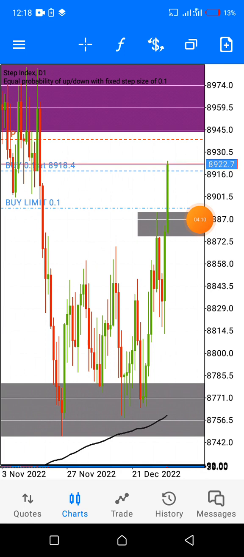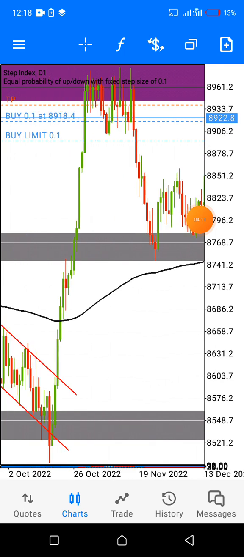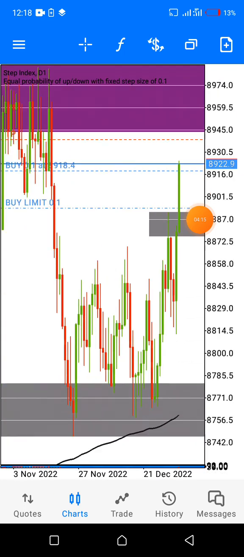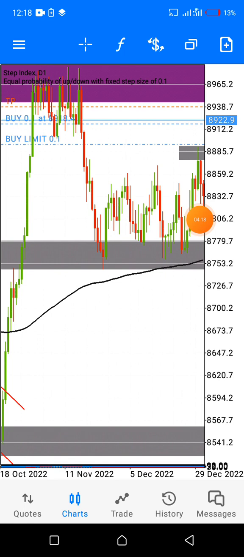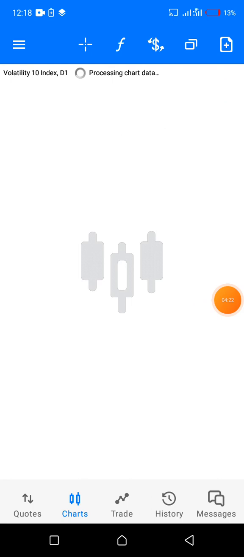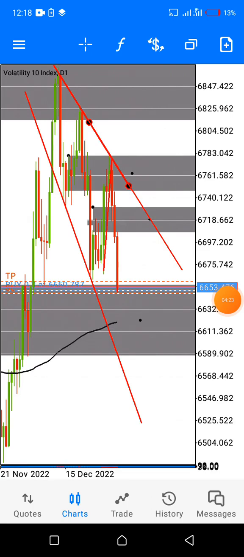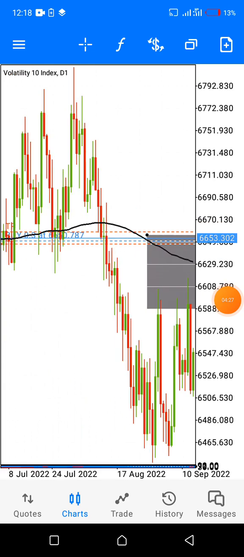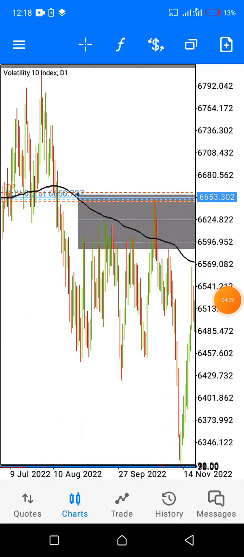So let's just go back. This is step index, the daily time frame. Let's go back to volatility 10. Let me show you a trade that I also missed in volatility 10.